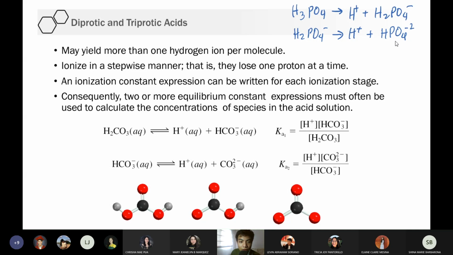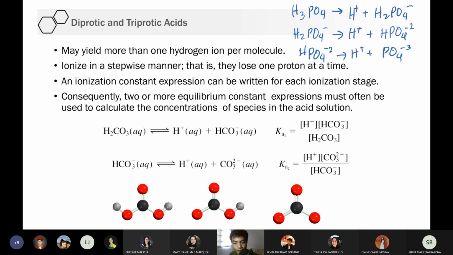May isa pa tayong H. So pwede pa natin baklasin yon for the last time. That will give us the phosphate ion. Okay. So again, for diprotic and triprotic acids, the dissociation of H is stepwise. So they dissociate one H at a time. No? So isa-isa lang siya.